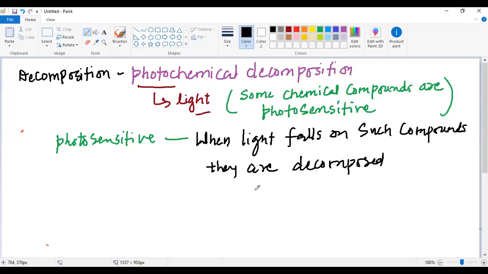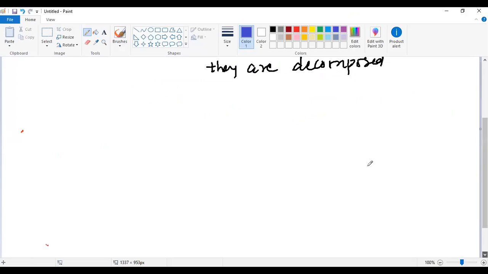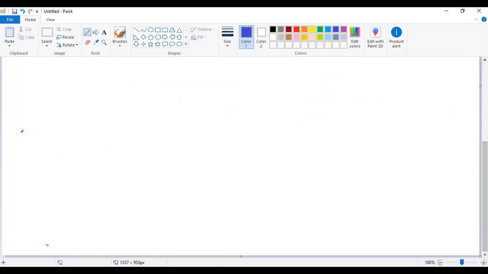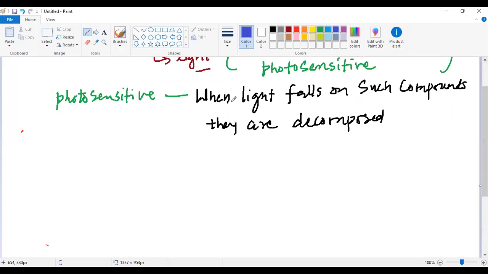When light falls on such compounds, these compounds get decomposed, my dear students. So let us understand these photosensitive compounds with examples. What are the examples of compounds which are known as photosensitive compounds? The examples of photosensitive compounds are, my dear students, AgBr and AgCl.